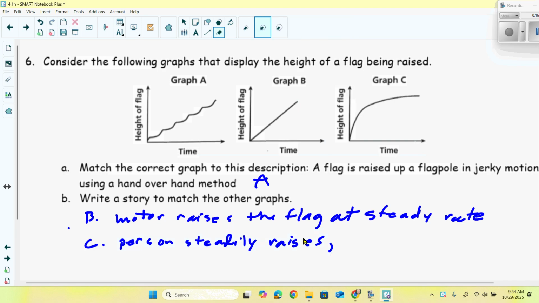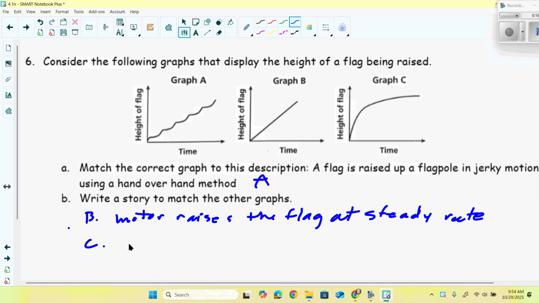I don't like that now that I said it and listen to myself, so I'm not going to say steadily. A person raises the flag quickly at first, and then gets tired.